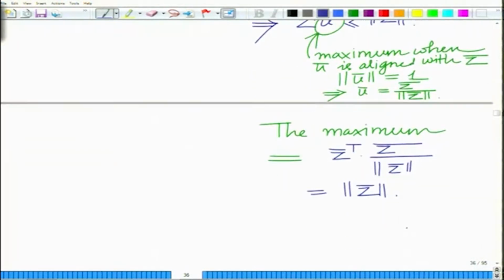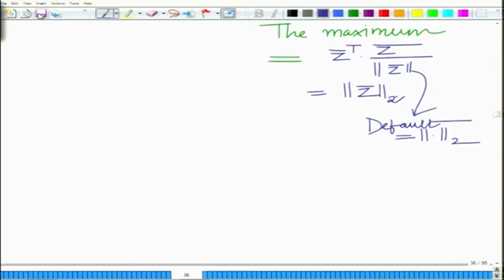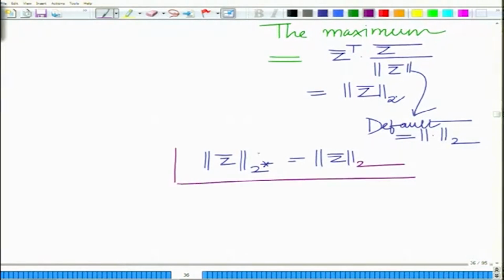Of course, all these are 2 norms, because as I mentioned, when there is no norm mentioned, by default it is equal to the 2 norm. Okay. And therefore, you observe something interesting. What you observe is that the dual norm of the 2 norm equals the 2 norm itself.